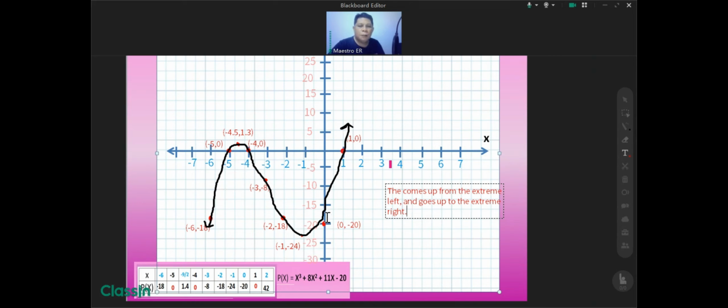So the graphs of polynomial functions are infinite, because it continues downward on one side and upward on the other. So that's how to do the graph of a polynomial function.